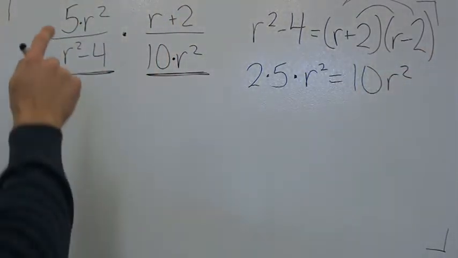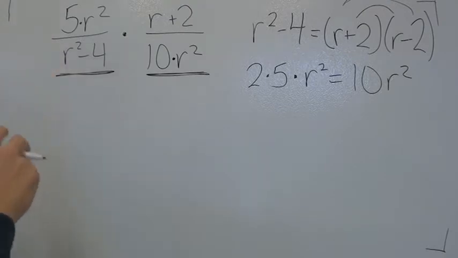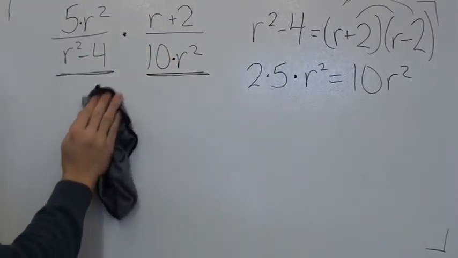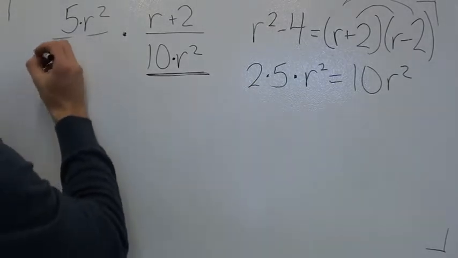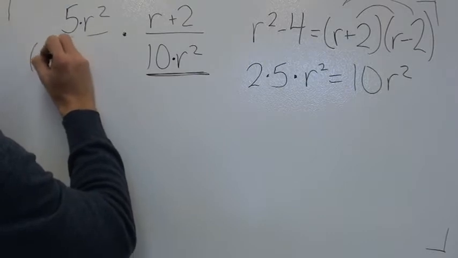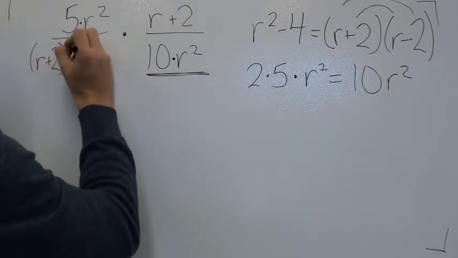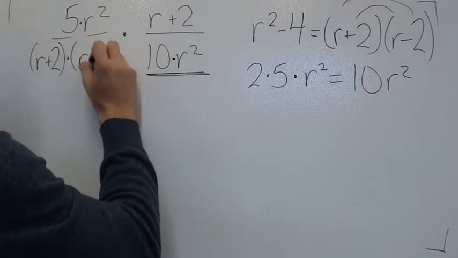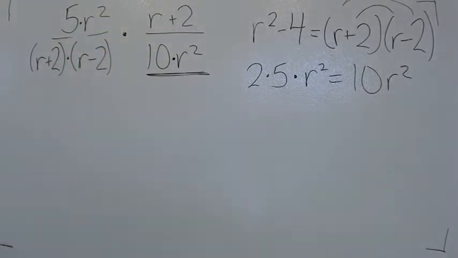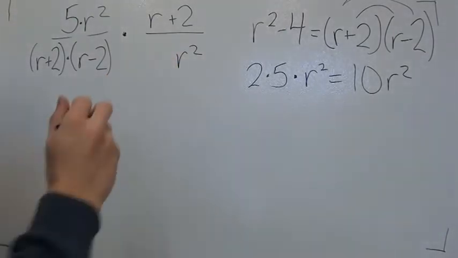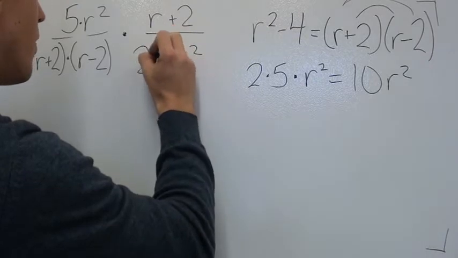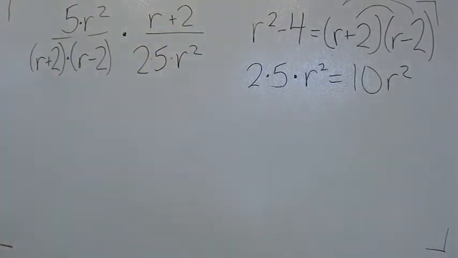Instead of rewriting the whole thing, I'm just going to erase these denominators and replace them. R squared minus 4 is the same as r plus 2 times r minus 2. 10r squared is the same as 2 times 5 times r squared.